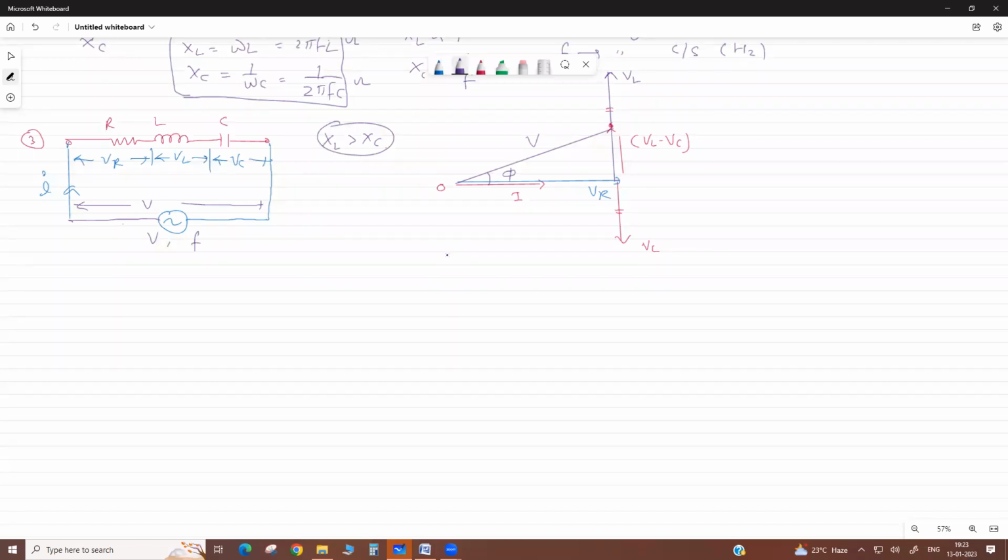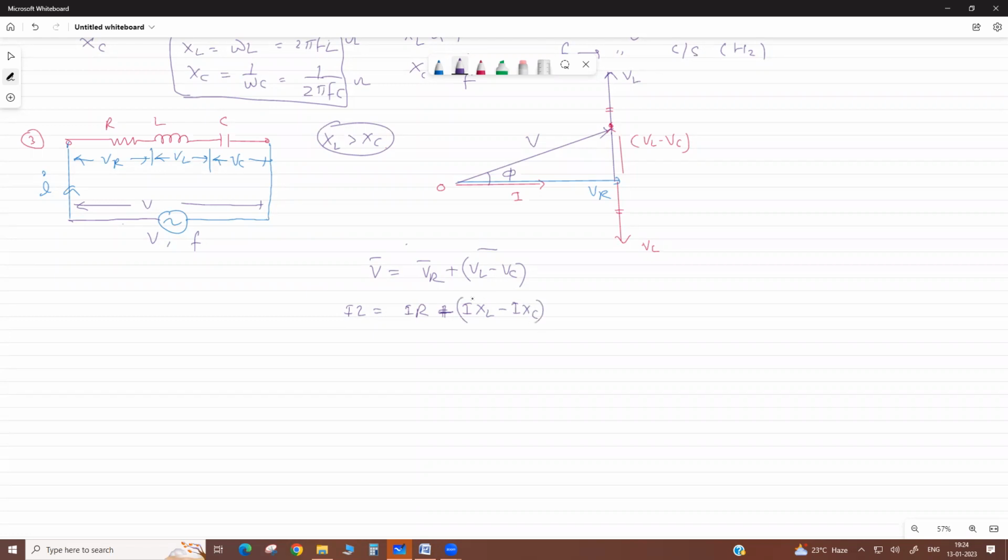Okay. If you calculate the total voltage, the VR vector plus the VL minus VC vector, this sum will give IZ. That is IR plus IXL minus IXC.